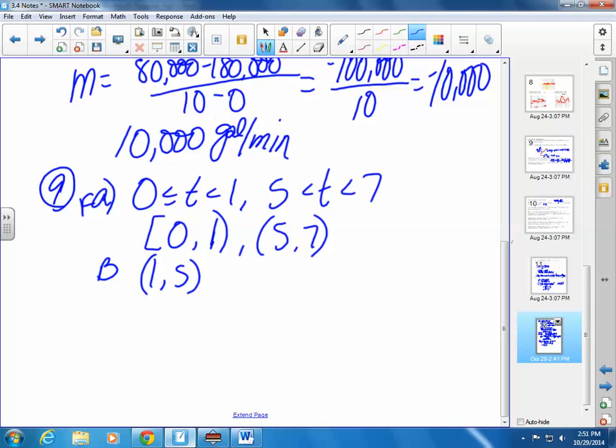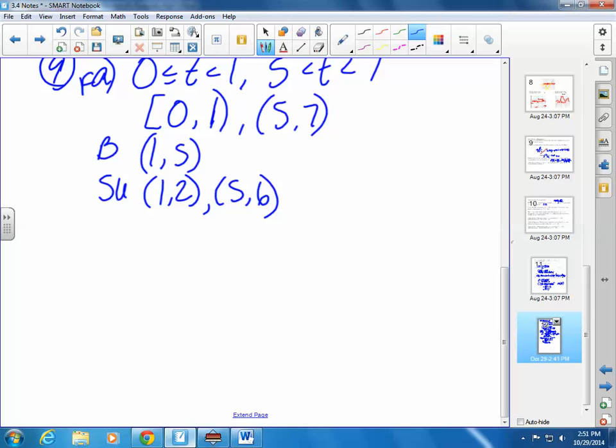When does it speed up? 1 to 2 and 5 to 6. Okay, and how did we figure that out yesterday? When the velocity and the slope are the same sign.